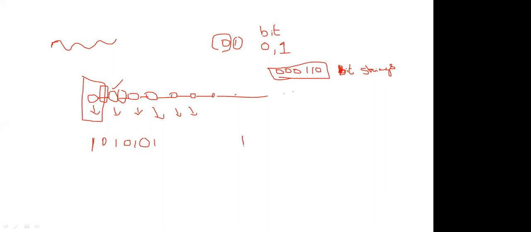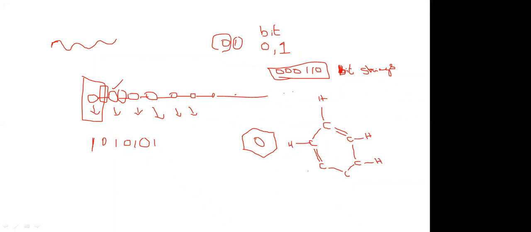But in the case of a molecule, let us say benzene, a simple structure, this is also benzene, and this is also benzene, but it is a 2D representation image.